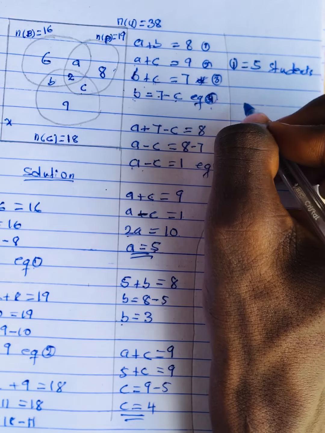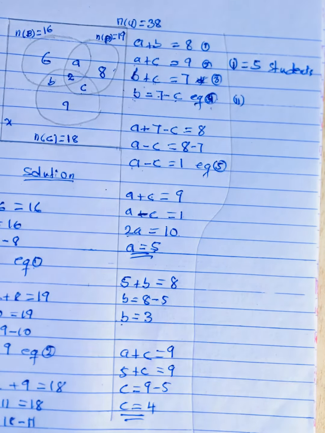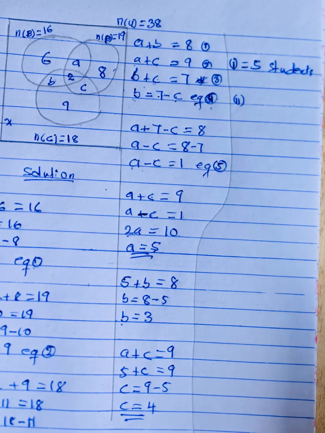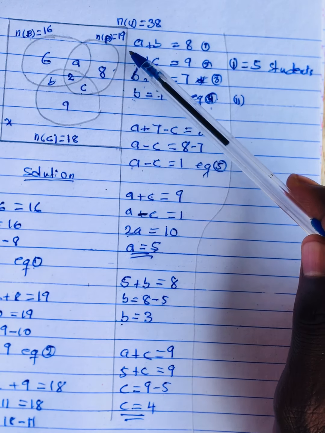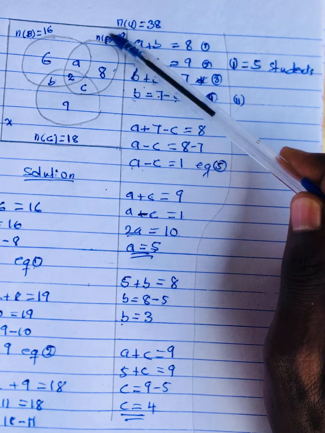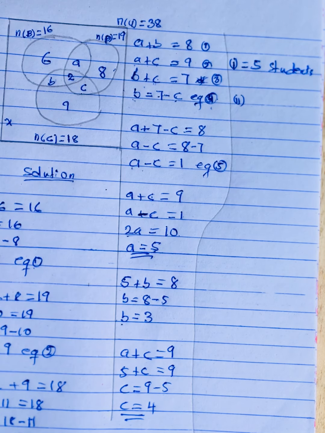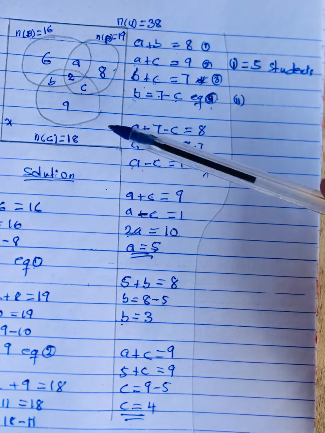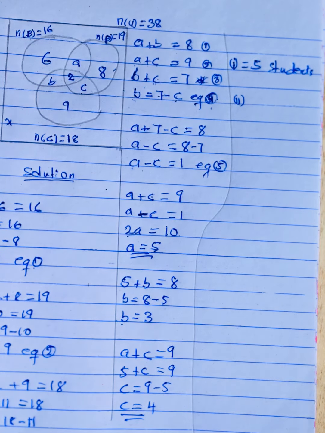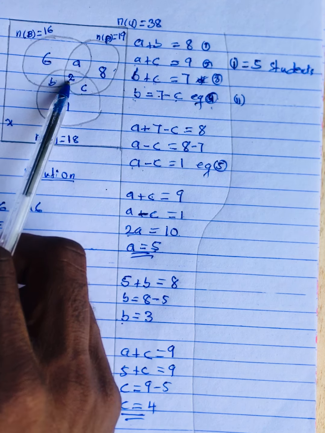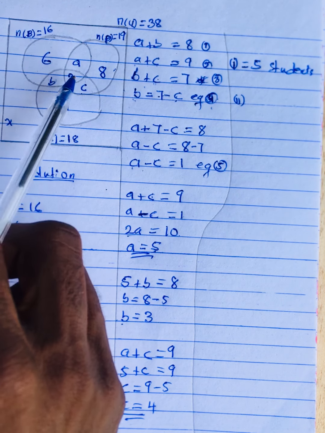The second question, we should find what? The number of students who study what? Physics and chemistry only. That means physics intersection chemistry only, because when we include the two, it means that biology is also part.